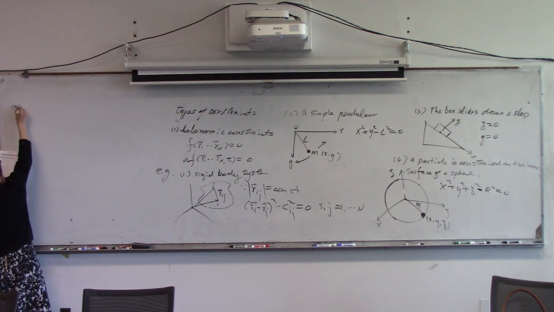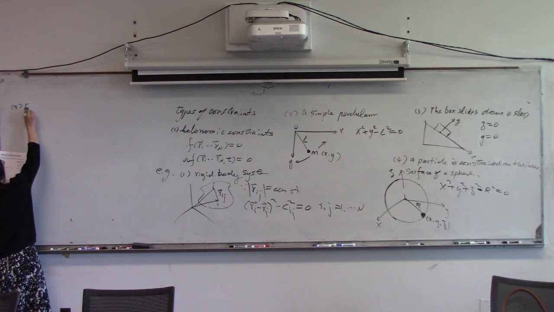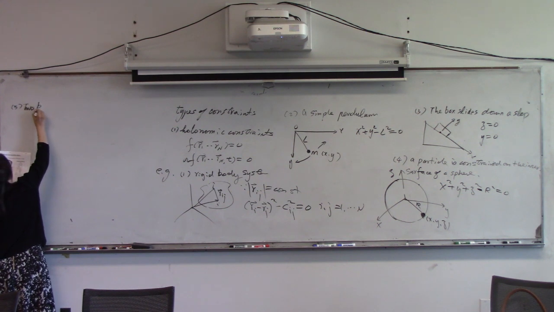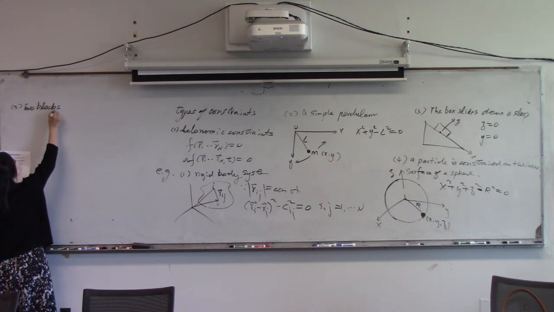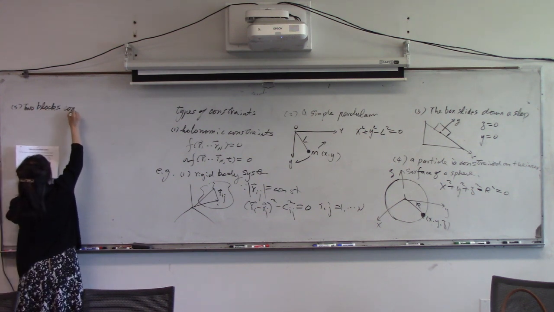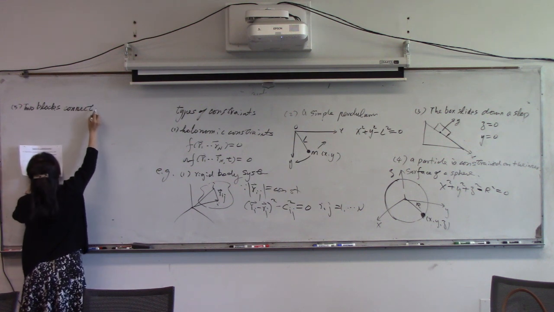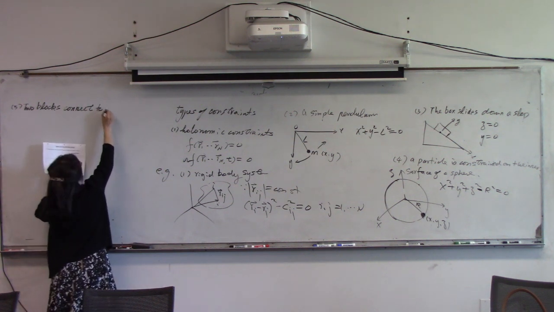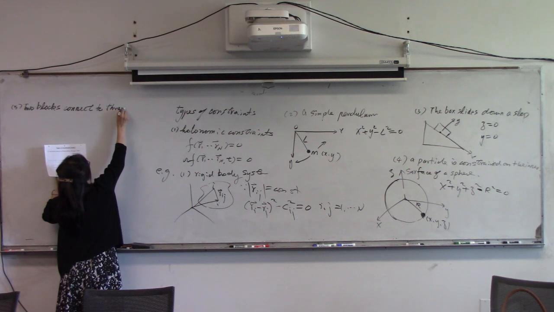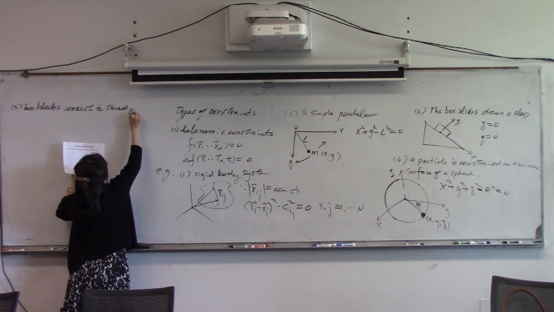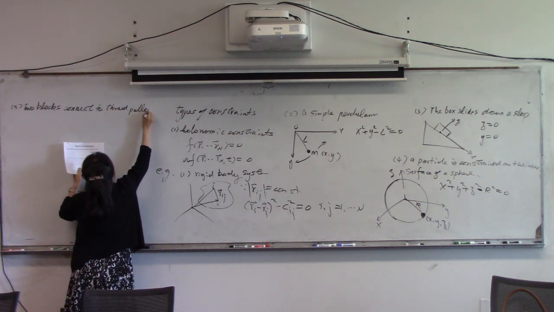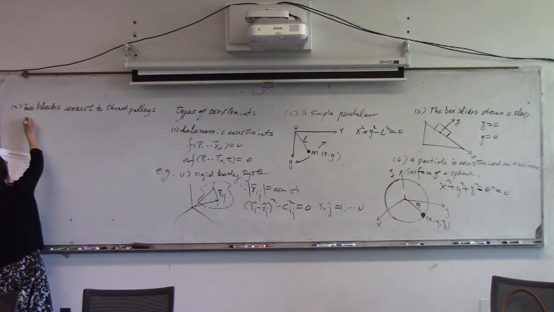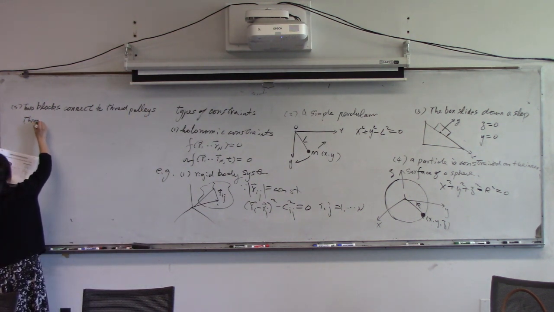Number 5 example is 2 blocks connected to 3 pulleys through a rope.